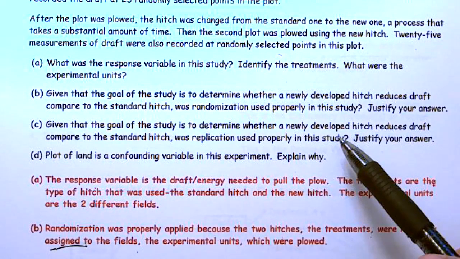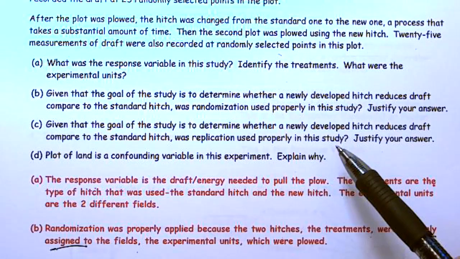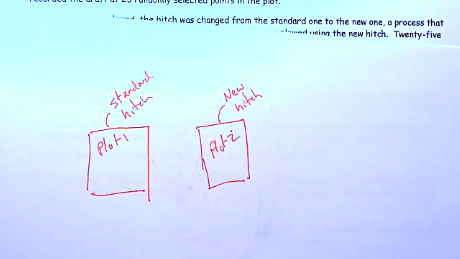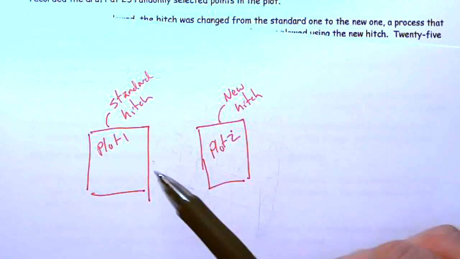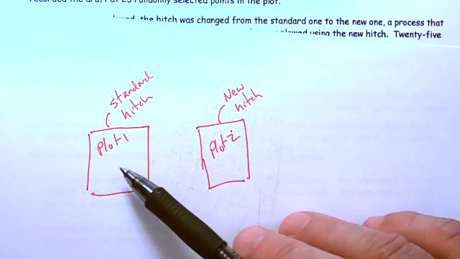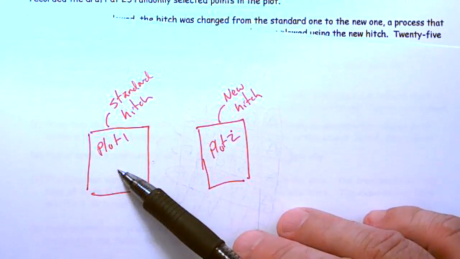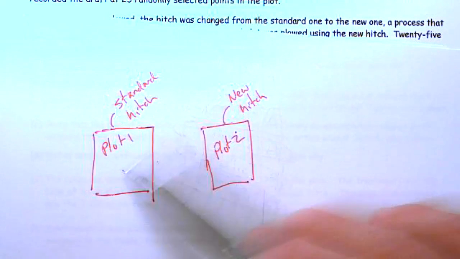Given that the goal of the study is to determine whether a newly developed hitch reduces draft compared to the standard hitch, was replication used properly in the study? Justify your answer. I'm going to go back to our diagram. How many plots was the standard hitch given to? The answer is one. To be replication, we have to have more than one.